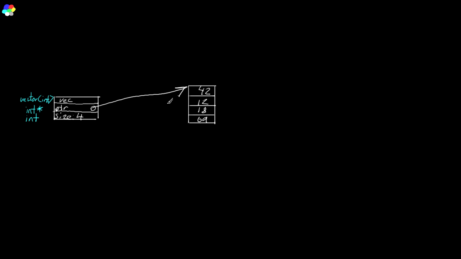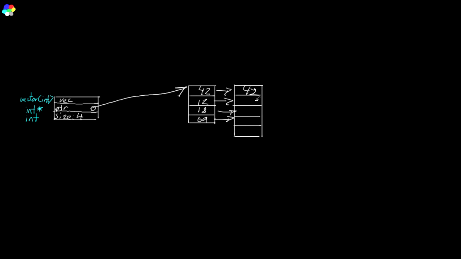And this works. Now let's see what happens when we do a push back operation. Let's say we're going to push a value back into this thing. Well, obviously we can only hold 4 values in here. We're going to need a bigger allocation on the heap. So what you would do is allocate, let's say, an array on the heap with 5 elements now. Then you want to copy the elements from the previous block of memory to the new block of memory.